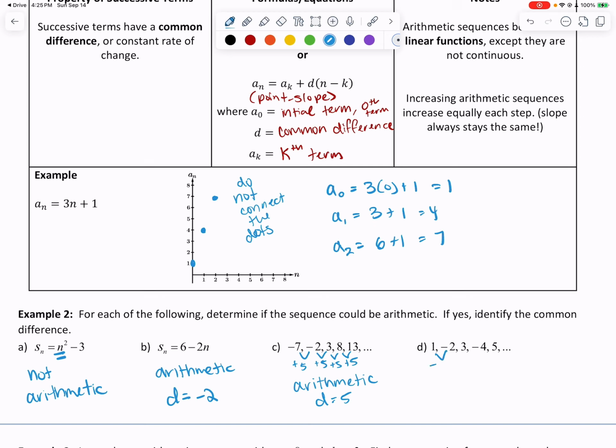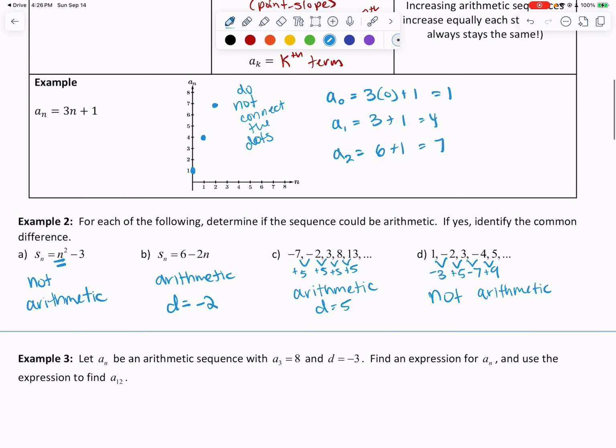This is -3. This is +5. This is -7 and +9. That's not constant at all, and the signs are alternating, which is not possible for an arithmetic. So this is not arithmetic.